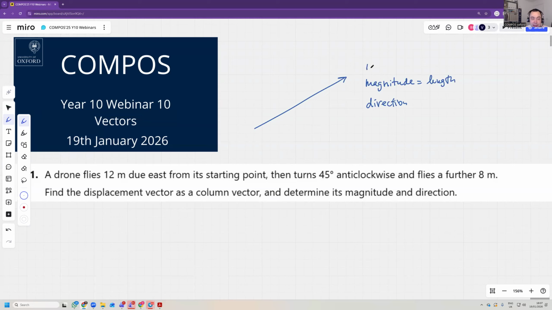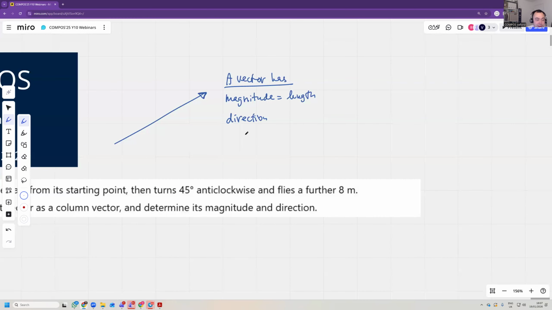So a vector has magnitude and direction. Two vectors are equal if they have the same magnitude and the same direction. Okay.